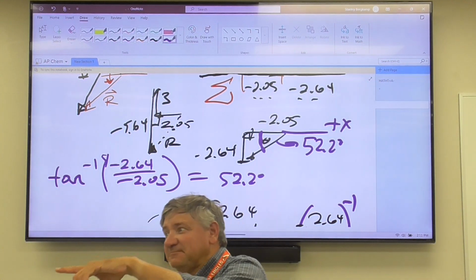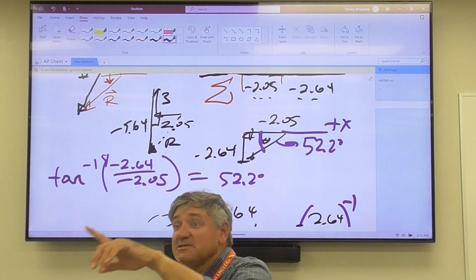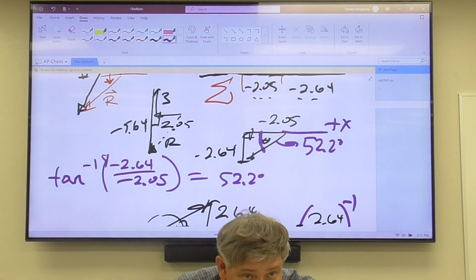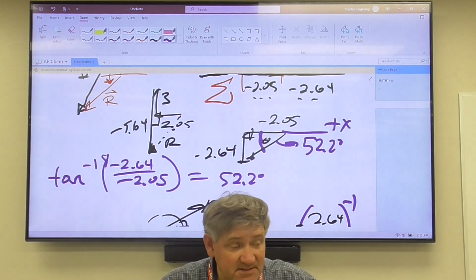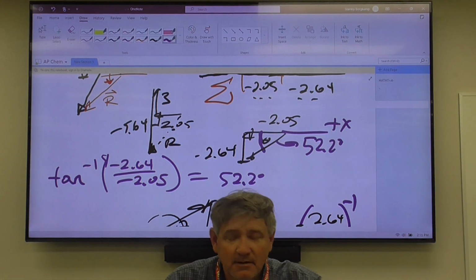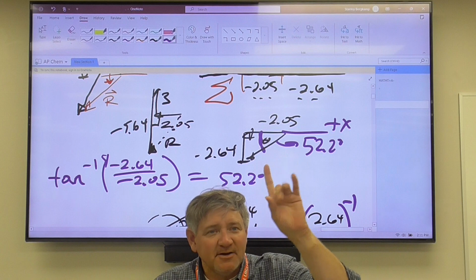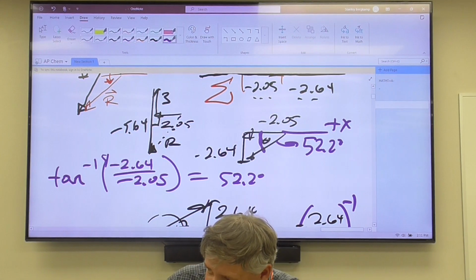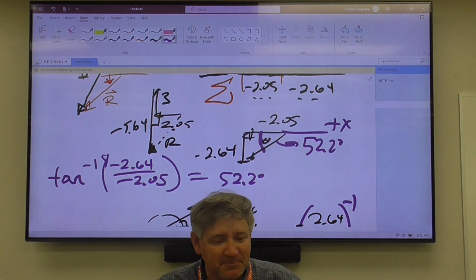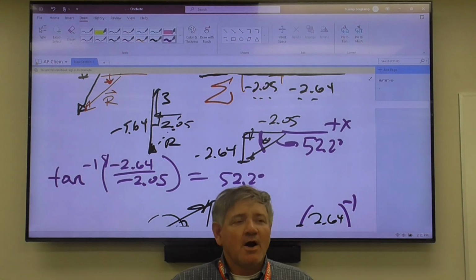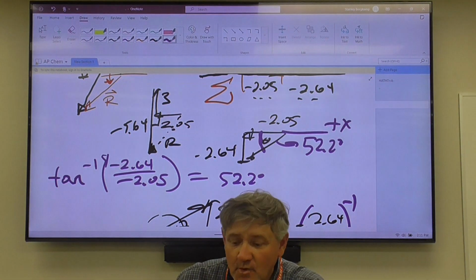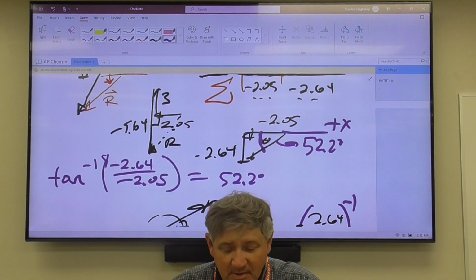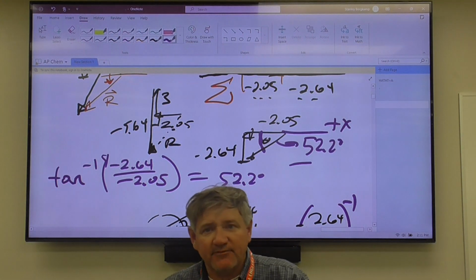Add 180 to it. This is where your calculator lies to you. Your calculator does not handle quadrants and how physicists handle angles. So take the 52.2 and add 180. What are you going to get? 232.2.